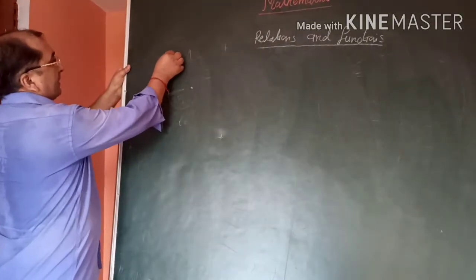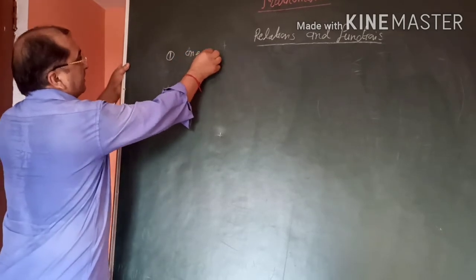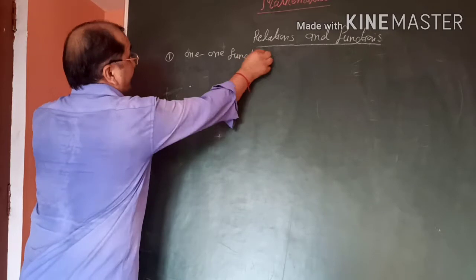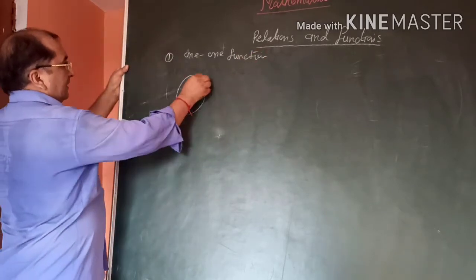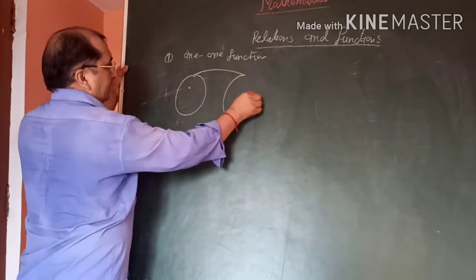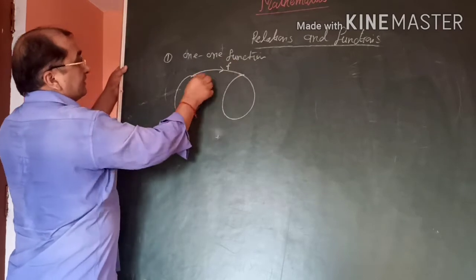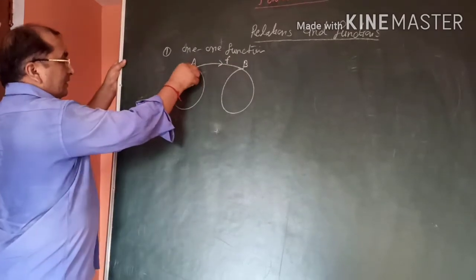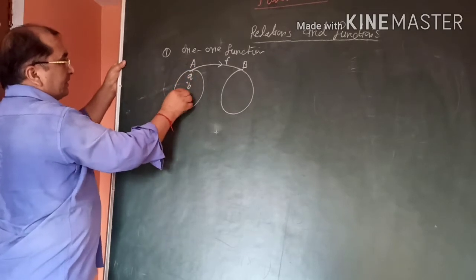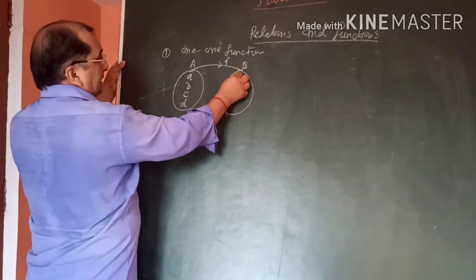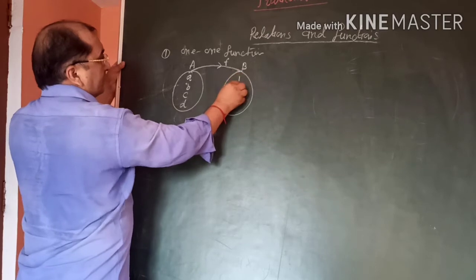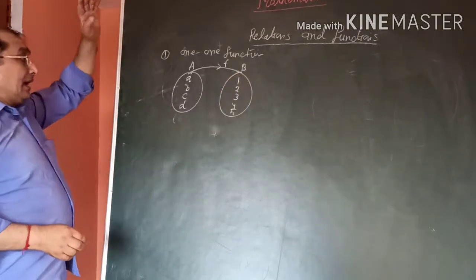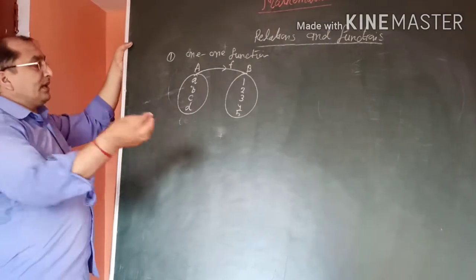Number 1, one-one function. See, suppose this is a function, the first set and this is the second set. A, B, C, D, and this is 1, 2, 3, 4, 5, and every element has one image.